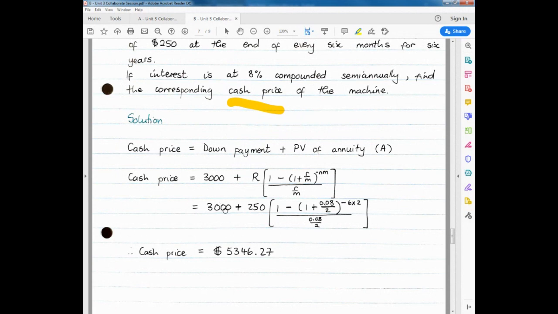If you add that to the 3,000 down payment, you see how much they should be paying for the machine now. So that's the cash price, the amount that we need to pay now. Okay, cool. Is everyone happy with the explanation of how we went about this problem?